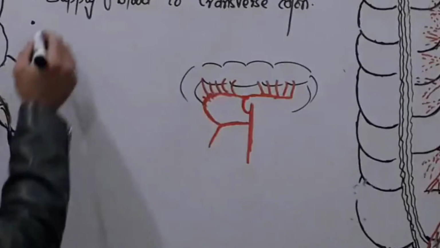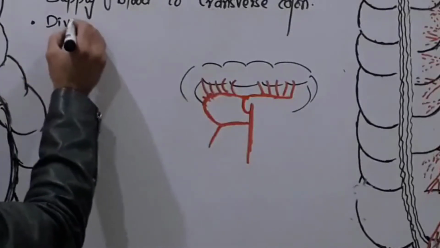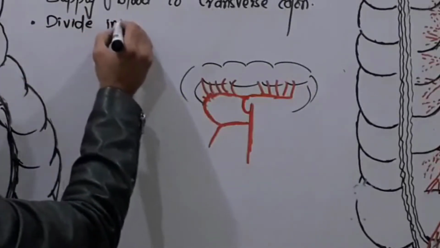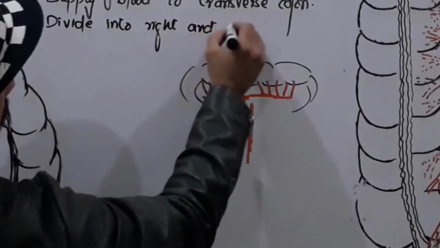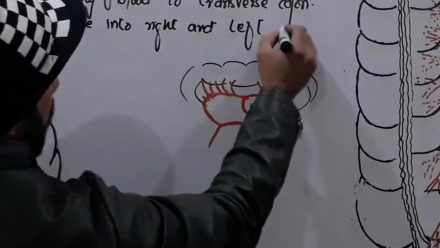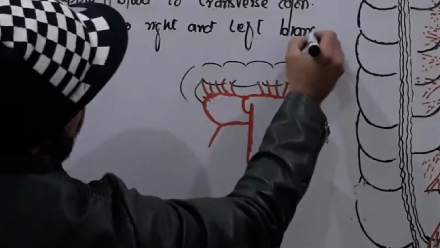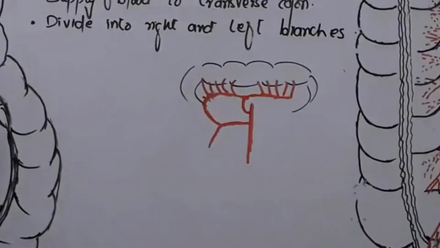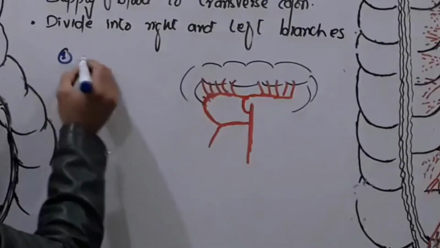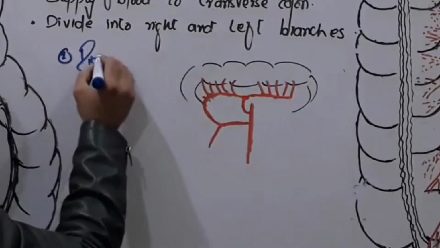So let's make it here. It divides into right and left branches. Okay, let's name these right and left branches. First one, the right branch.